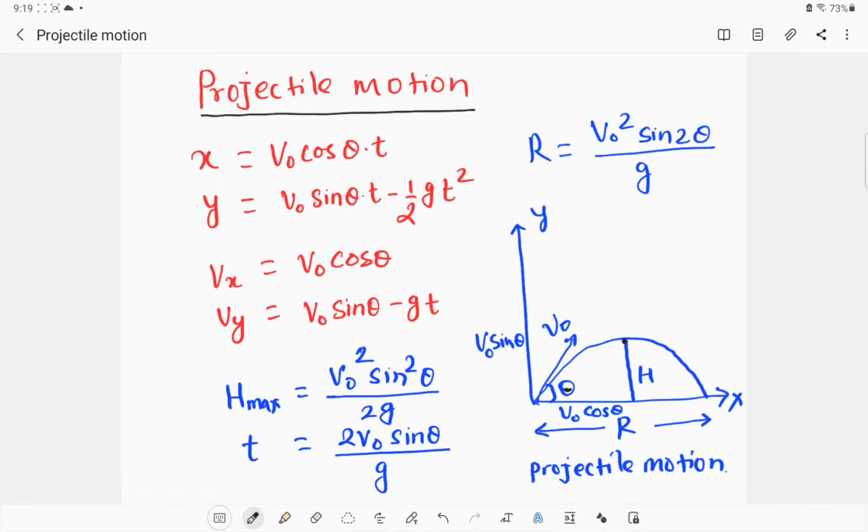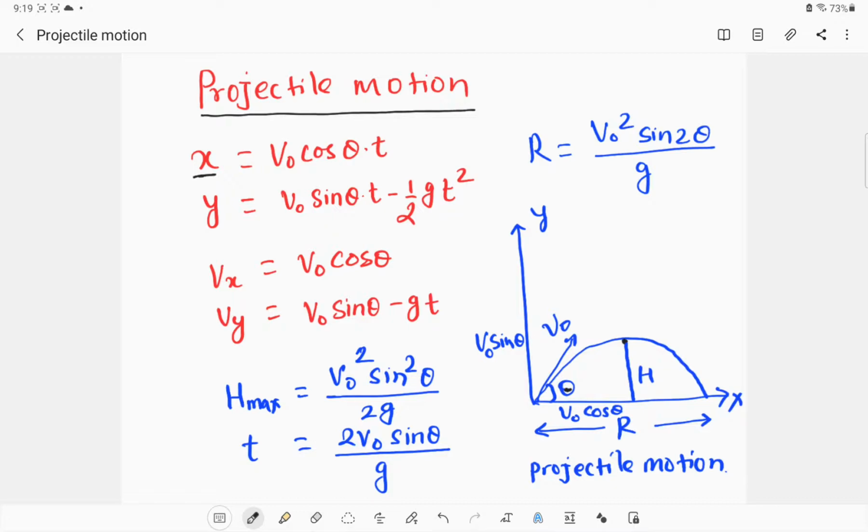So let us begin with the first formula. First one, you can look at here, which is the x. This gives you the x position of the projectile at a certain point of time t.